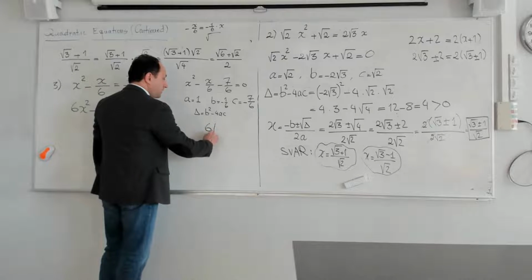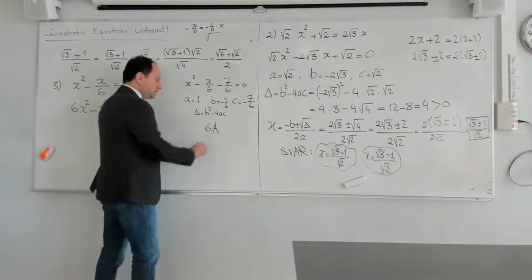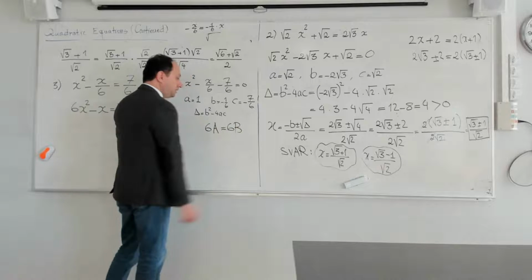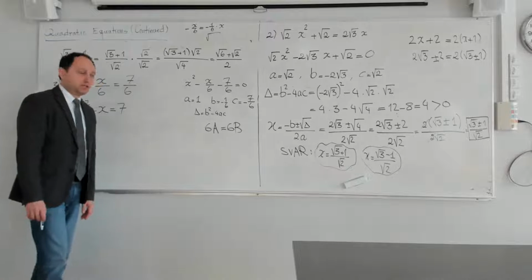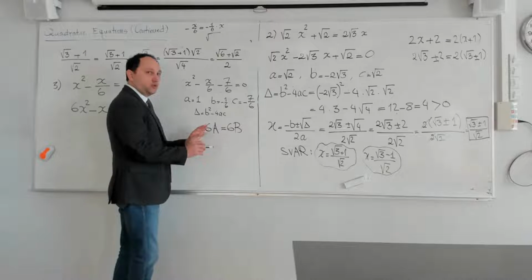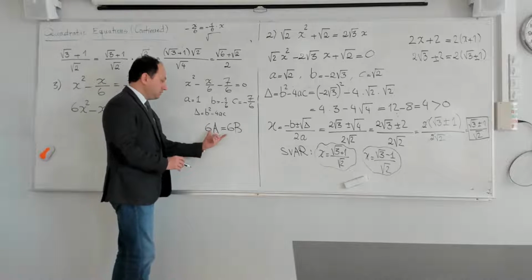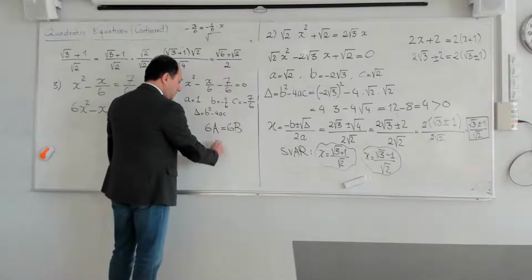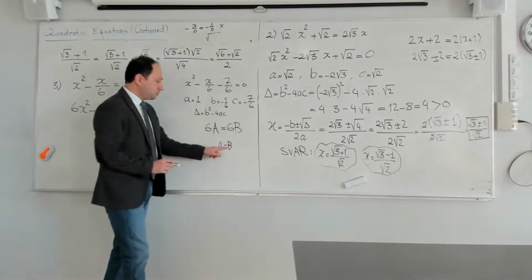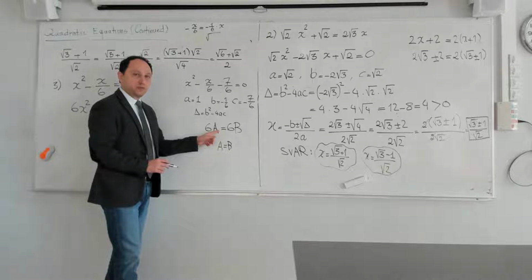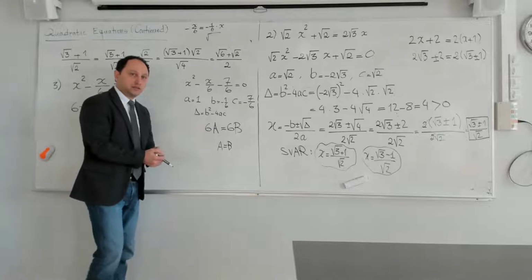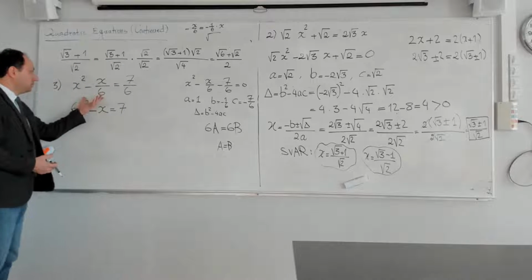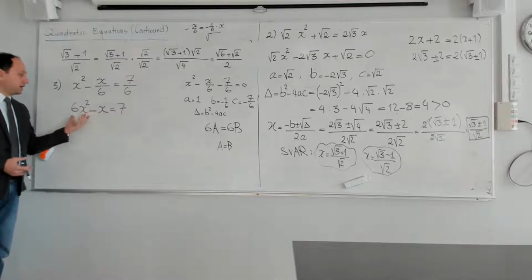If 6 times A is equal to 6 times B, of course it is clear that A and B are also equal. So there is no difference mathematically between this statement and this statement. If this is true, this is true, and if this is true, this is true. So they are equivalent. So this is the philosophy behind multiplying both sides by a number.